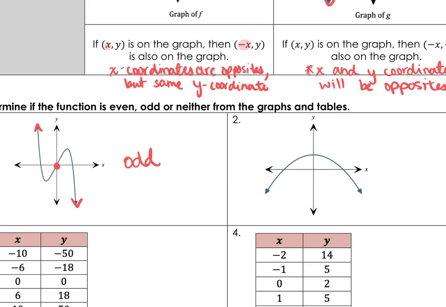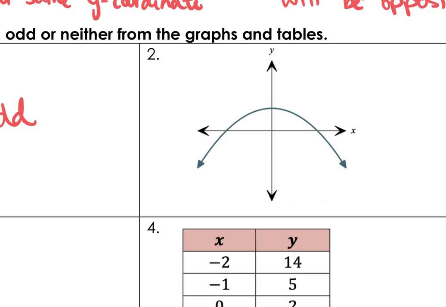And then if you look at that parabola that's opening down in number 2, now both of our end behaviors are going towards negative infinity, and it is symmetrical along the y-axis. So if I were to fold this along this line, the left and the right side would sit on top of each other. They're mirror images. So because of that, that's how we know that this function is even.